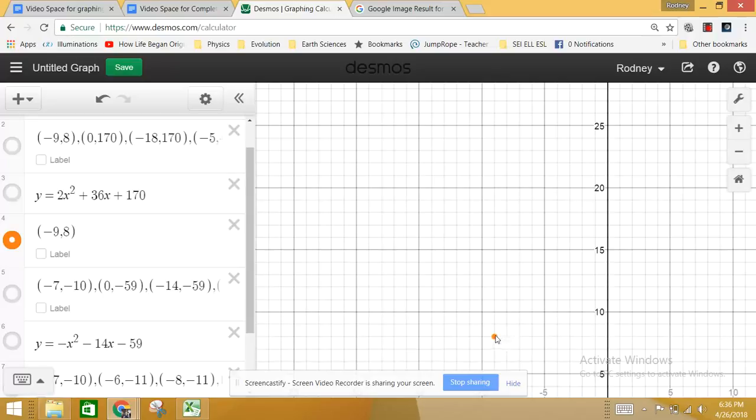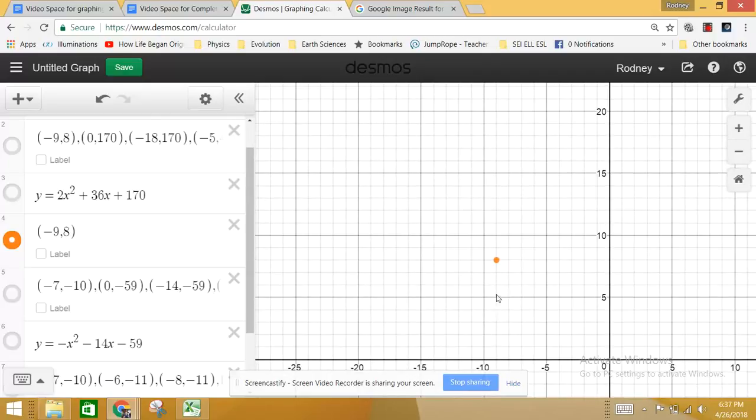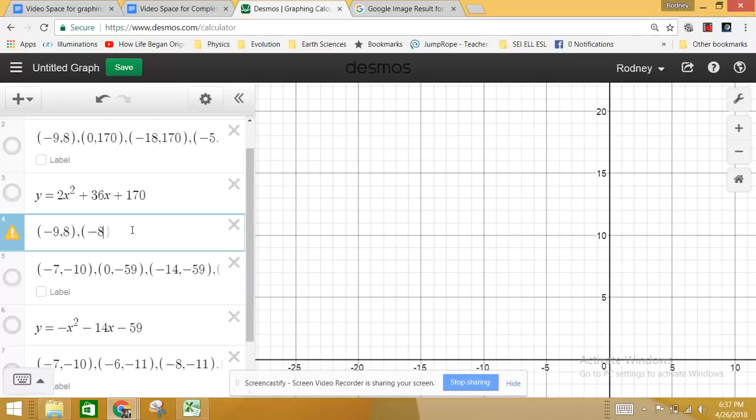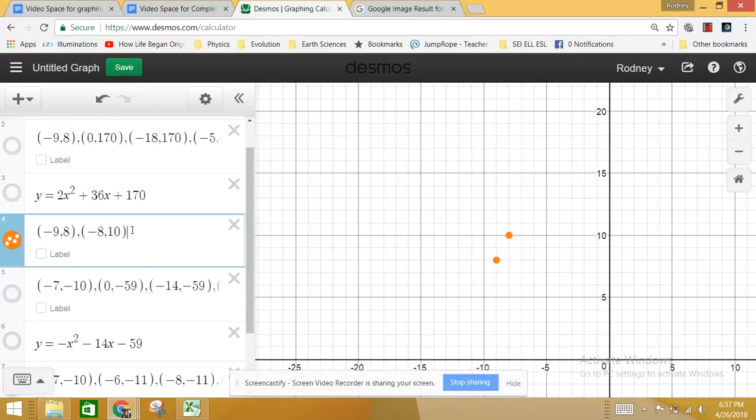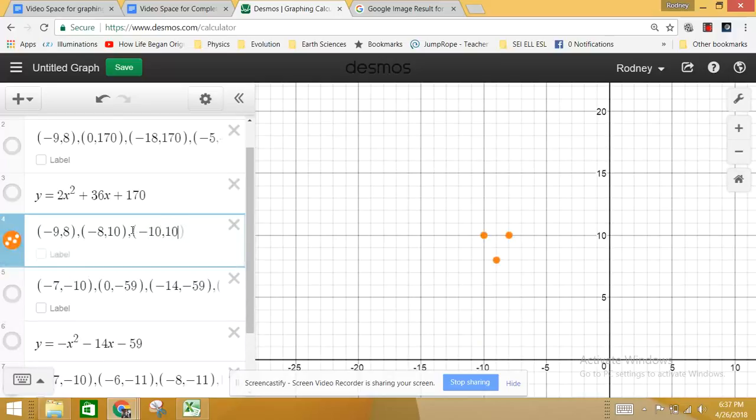So instead of using the pattern of going over 1, up 1, and over another 1, up 3, we're going to double the up part of that pattern because 2 means doubling. So we're going to go over 1, up 2. So we're at -9. We're going to go over to -8. And we're going to go up from 8 to 10. So here we go. (-8, 10). And we'll go on the other side of it, (-10, 10).